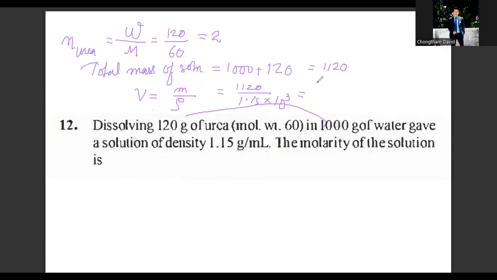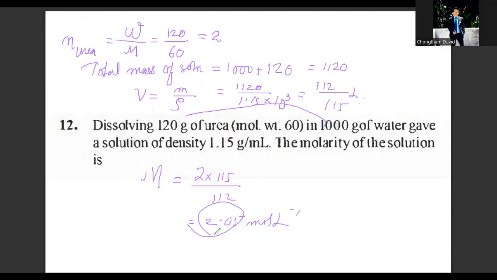This gives 1120 by 1150, and this would be in liters because this is the volume we are finding. Now by definition, molarity is the number of moles of the solute per volume of the solution in liters. So calculate the answer, and you will get values in terms of mole per liter. So this is the answer for question number 12.